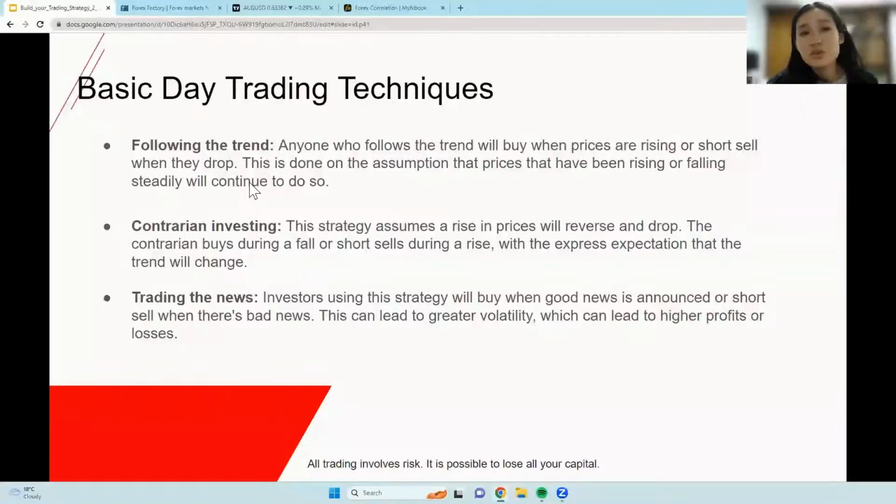We also highly recommend trading the news because investors using this strategy will buy when good news is announced or short sell when there's bad news. And this is really closely linked to investor sentiment as well, which of course can affect the market's volatility as well, but can also lead to higher profits or higher losses.